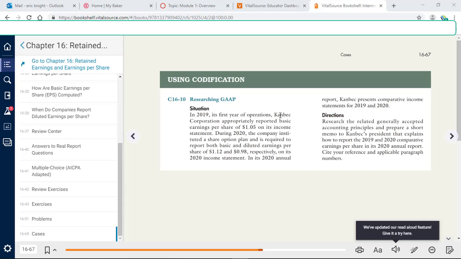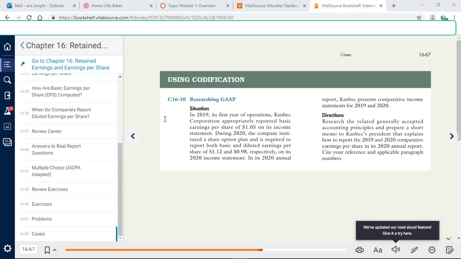It's for Canbec Corporation. Go back and review the example that I provide. I provide it in week 1. I'll provide it here in this announcement too. Review that video on both GAAP codification and the research case example walkthrough.